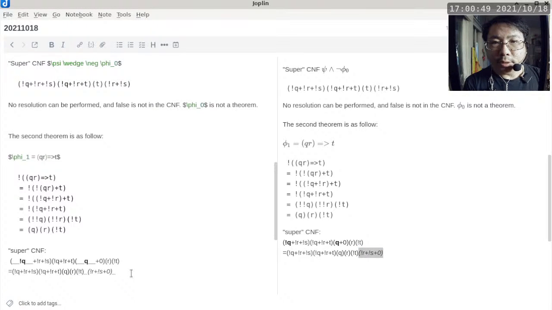Alright, so now we look at this and say, well, what can we do to perform resolution? So we're still looking at the first term and ask, what else can we do? Well, let's see. We got this Q over here. This not R can quite easily resolve with this R over here. So we're gonna use that this time.